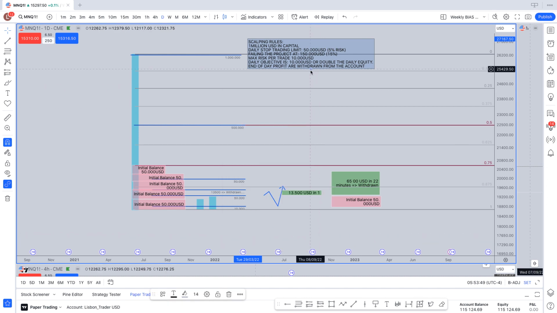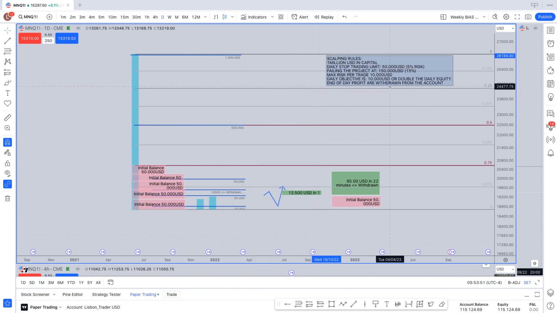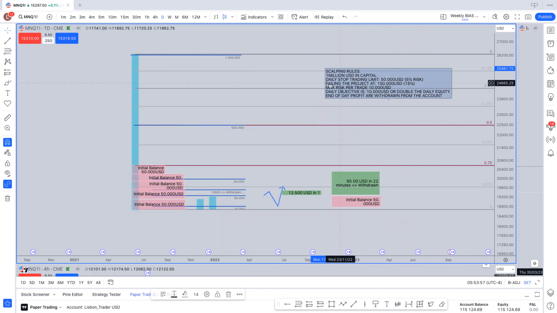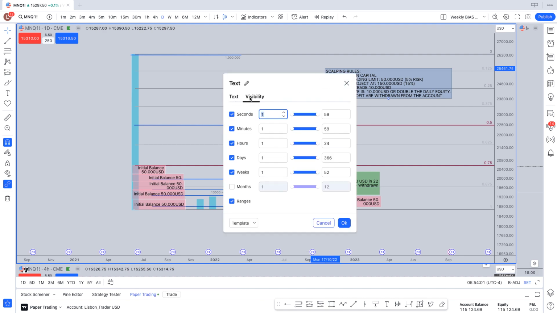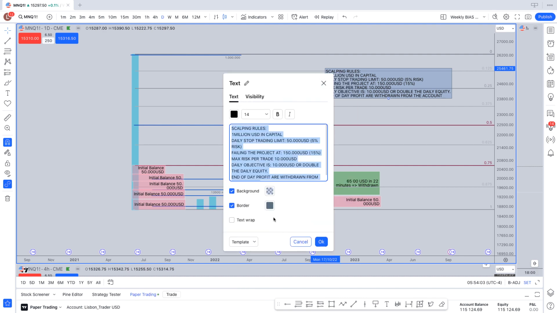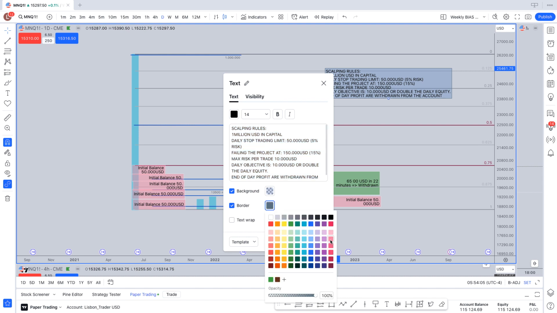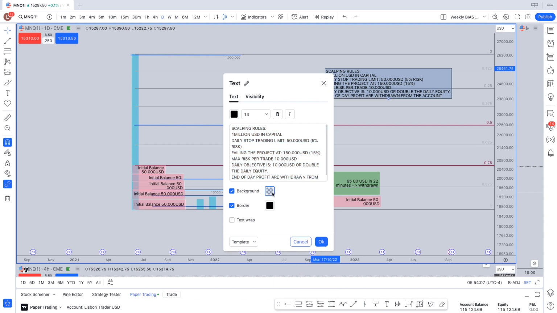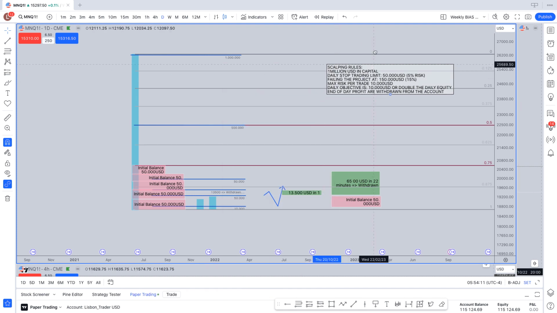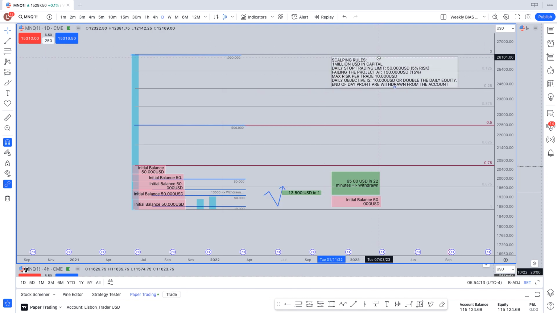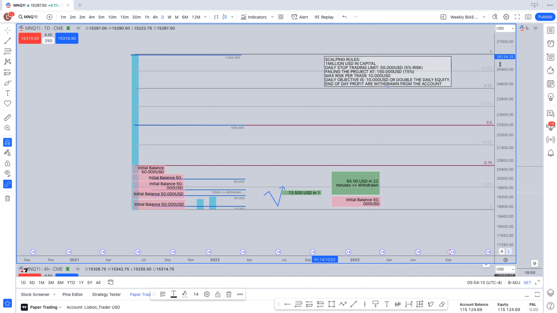Okay, so what we have here, just note this expands a little bit more. So let's see, borders black, background white. Okay, so these are the scalping rules. Don't pay attention to this.